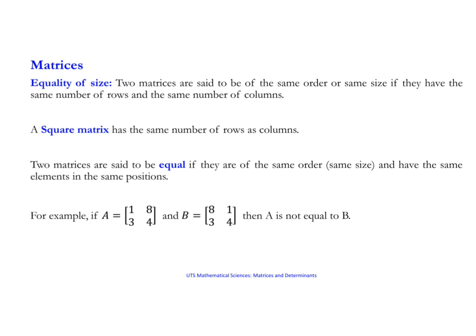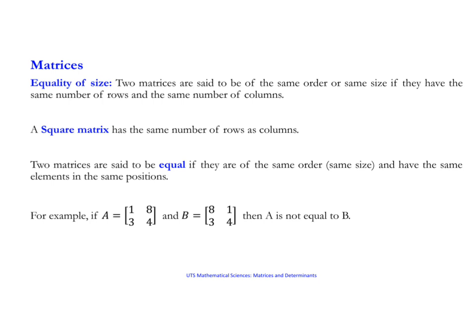Now, there's a thing called equality of size, and your equality of size is when the number of rows and columns are the same. So matrices are said to have the same order or size if they have the same number of rows and columns. A square matrix has an equal number of rows and columns, but 2 matrices are said to be equal if and only if they have the same number of rows and columns, and each element in the same position in those two matrices is the same.